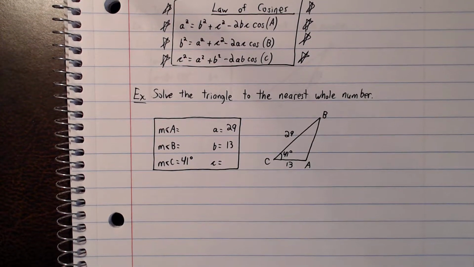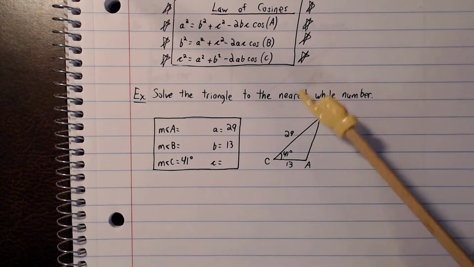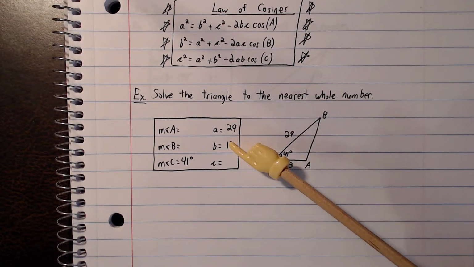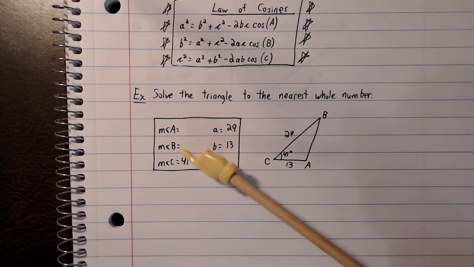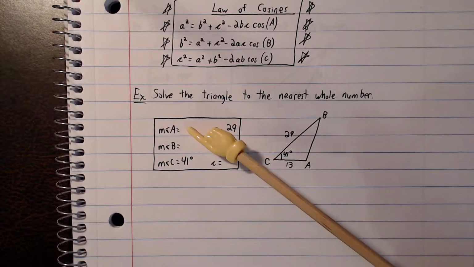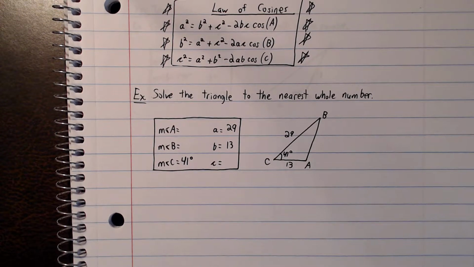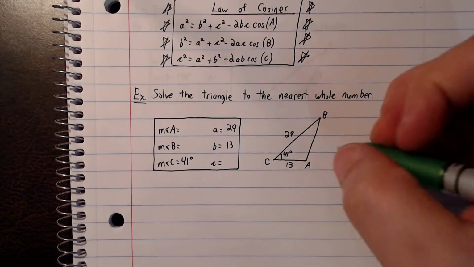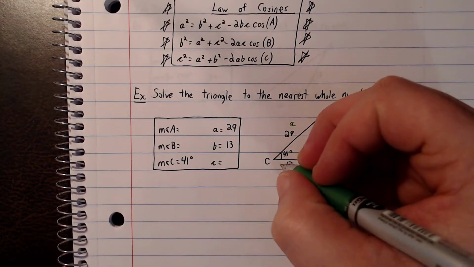So this problem, solving this triangle to the nearest whole number, this time they gave us two sides, and we're trying to find side C, and they only gave us one of the angles, which means that we have two to find on our own. So we can't use that quick trick of triangle sum theorem. So we're going to have to do some other tricks instead.